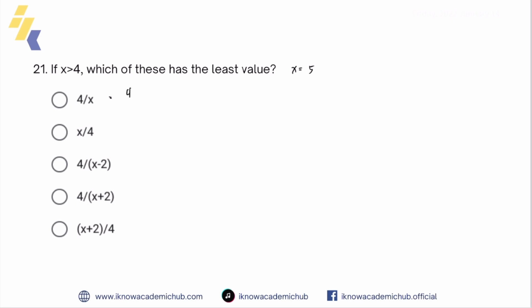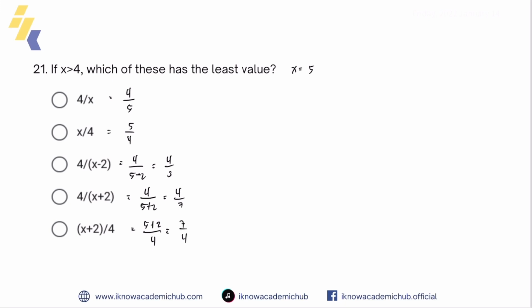Okay, and I will substitute here 4 over 5, 5 over 4, 4 over 5 minus 2, or 4 over 3, and 4 over 5 plus 2, or 4 over 7, 5 plus 2 over 4, that is 7 over 4.